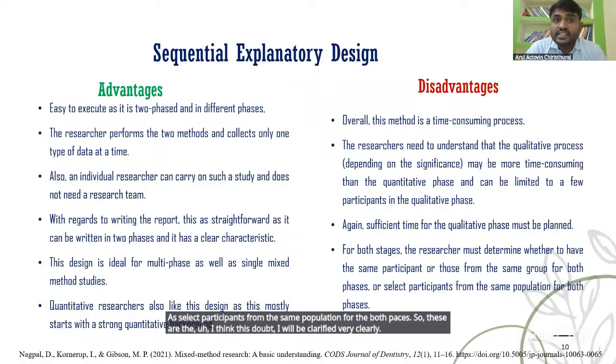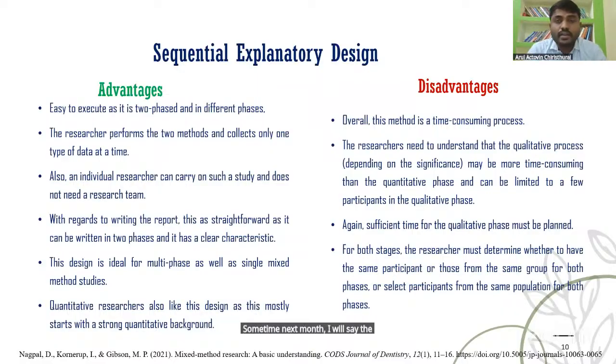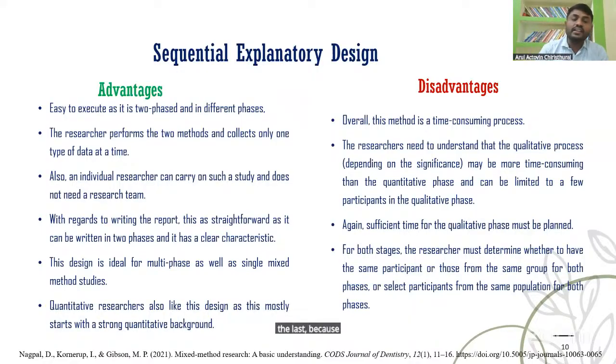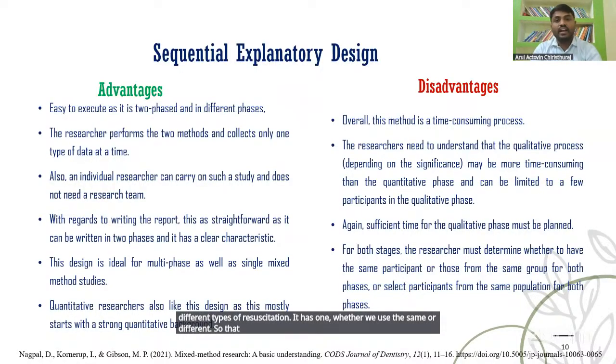Sometimes in mixed method research, whether the participants or samples for qualitative and quantitative remain the same or different, this will be answered at the last, because different types of research have their own approach, whether they use the same or different. So we'll see that at the last, this point alone.